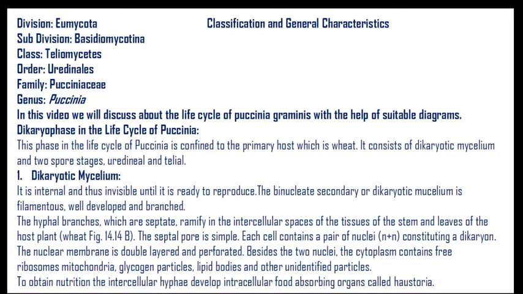So classification is a hierarchical arrangement of different taxa.